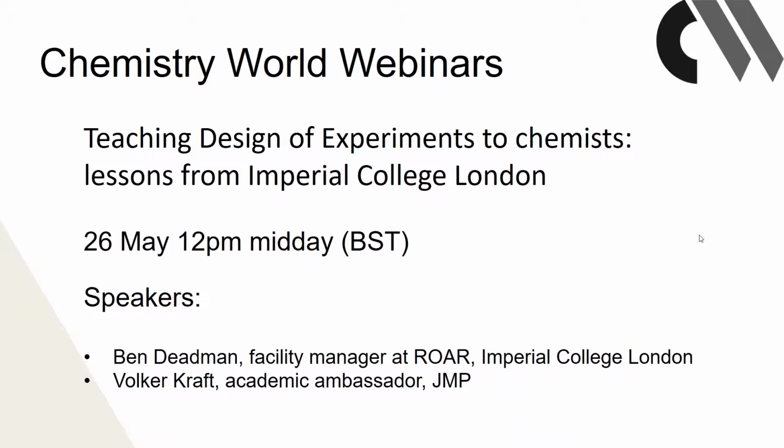So we've had examples of, is it useful for physical chemistry experiments, electrochemistry, materials, nanocrystal growth kinetics? Lots of people asking similar questions. So Ben and or Volker, what are the sort of restrictions in terms of what kind of experiments you can use in design of experiments?